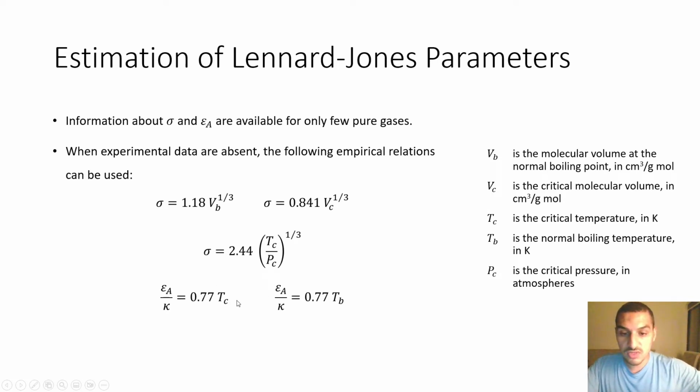And the same here for epsilon over kappa. You can use the critical temperature or the normal boiling point. Of course, if you have a value that's listed in the table, it's going to be more accurate, because these are just estimations, empirical relations produced based on some experimental data. So they might not be valid or accurate for all cases.